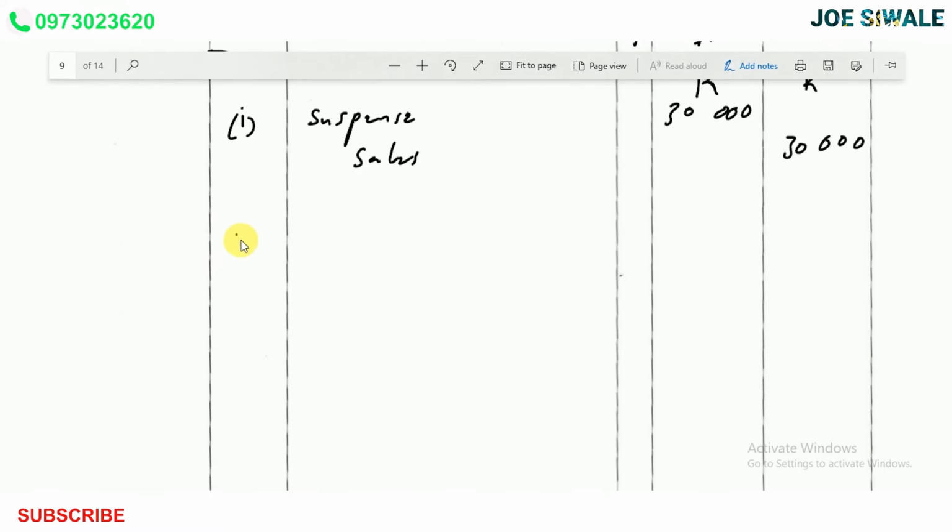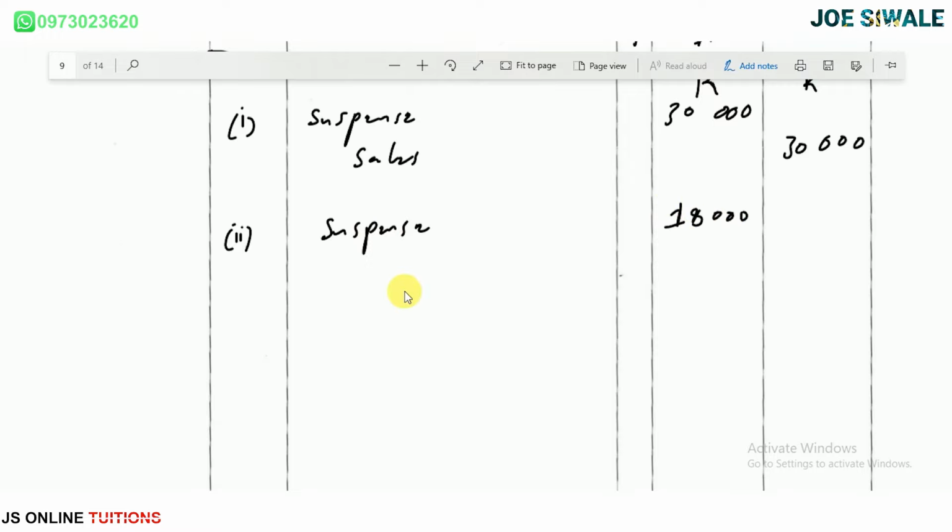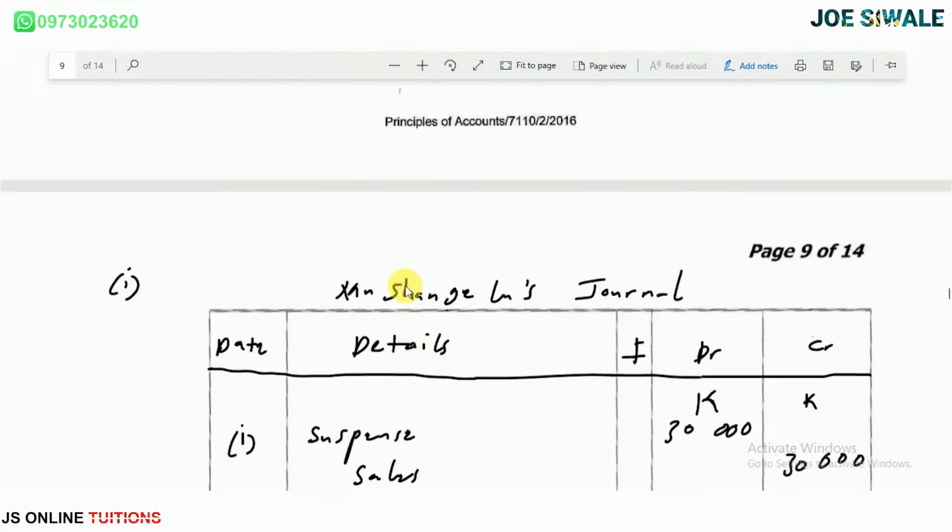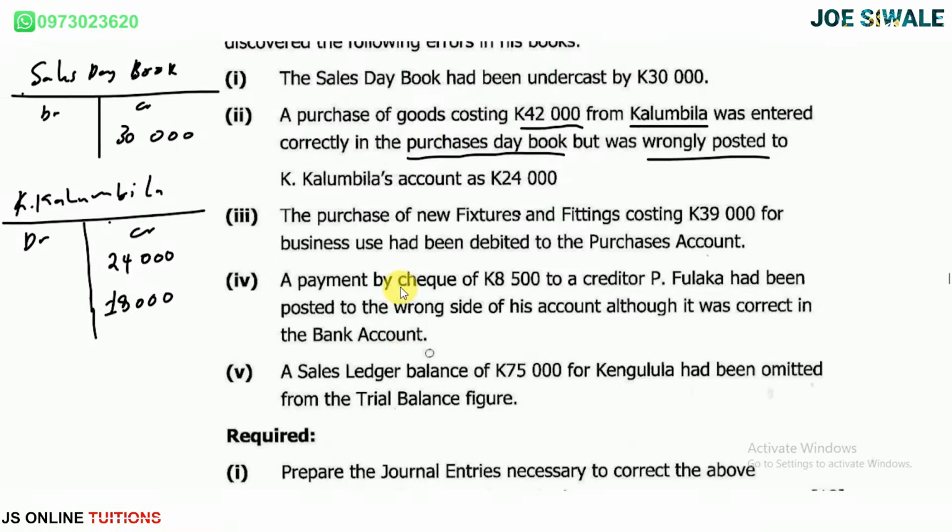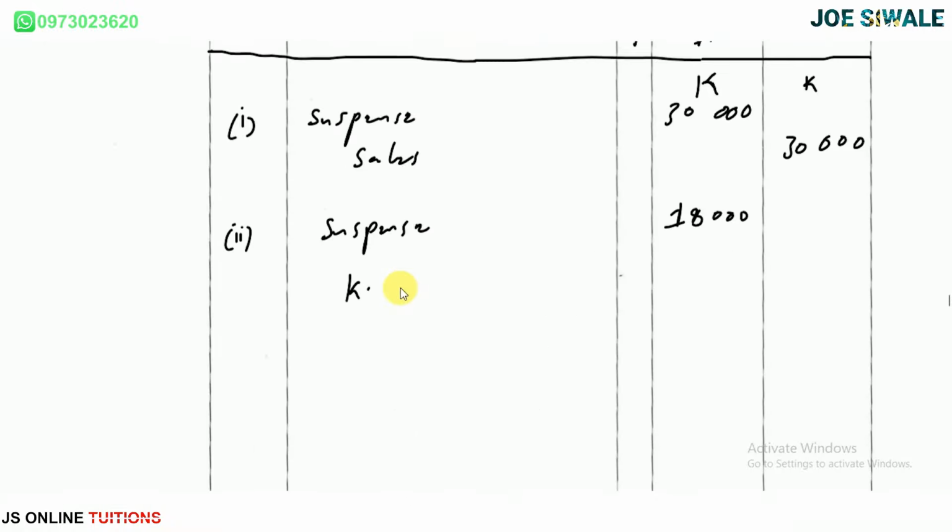So Roman numeral 2, we're going to say suspense 18,000 on the debit side, and in K Kalumbila's account, since it was wrongly posted as 24,000, it's supposed to go now to 42,000. So we can say K Kalumbila on the credit side there as 18,000.